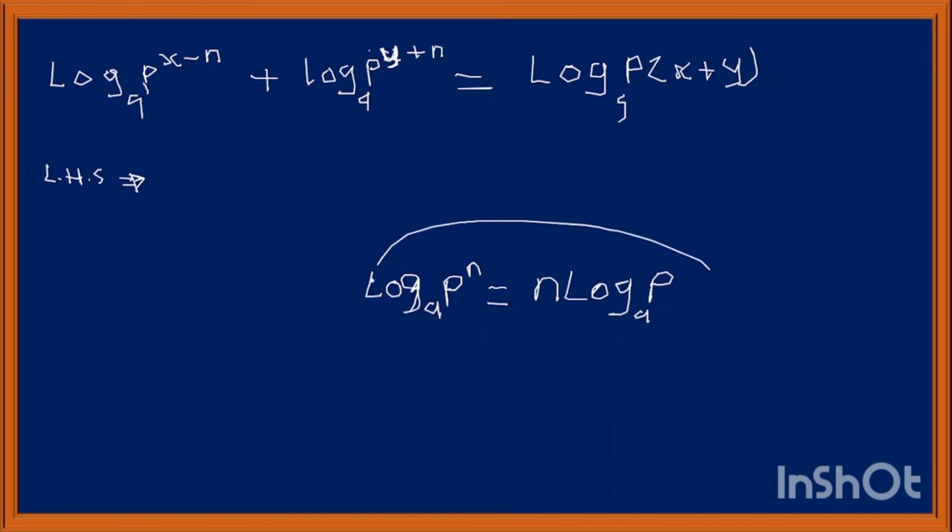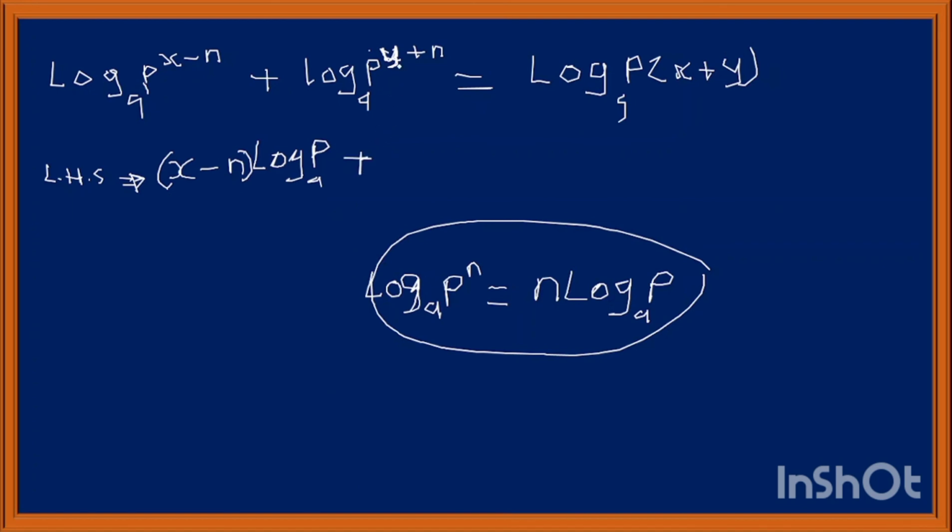So we're going to apply this law here. So this x minus n is the power, so we have x minus n, which is the power, then log p base a, then we get rid of the power. So the same thing will happen here.